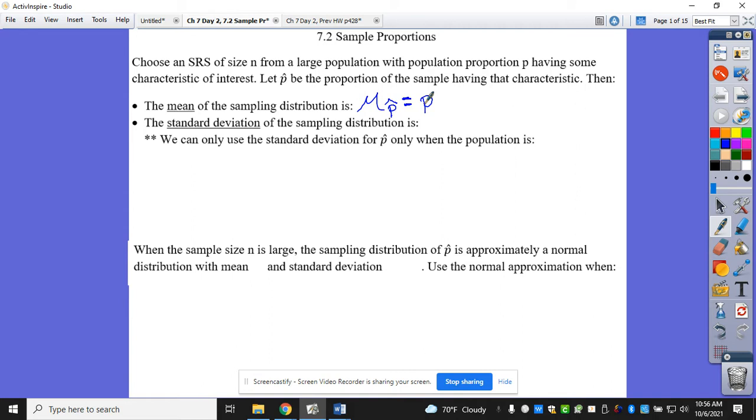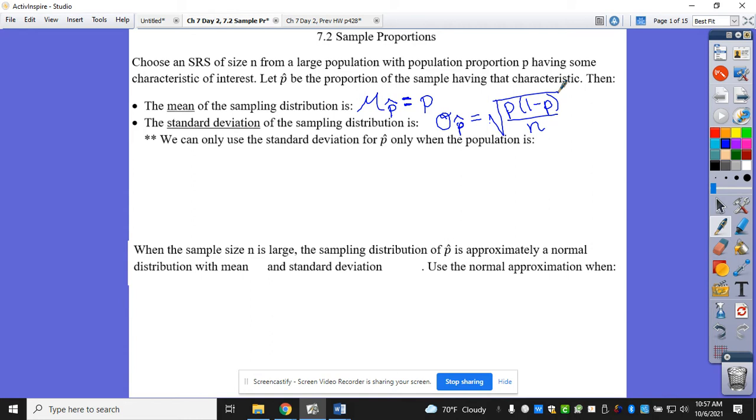So what do you think our symbol for standard deviation of the sampling distribution is going to be, if that's the mean of the sampling distribution? Sigma of p hat. This one ends up being the square root of p times 1 minus p over n.